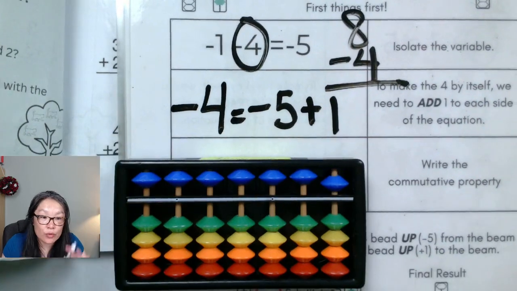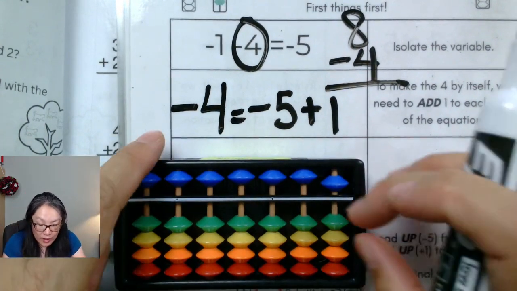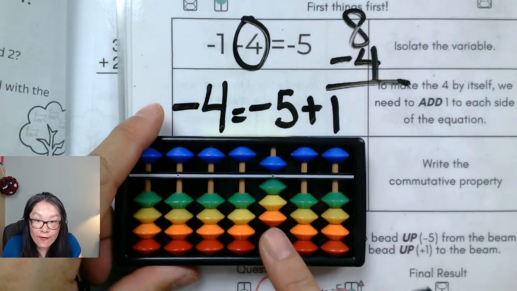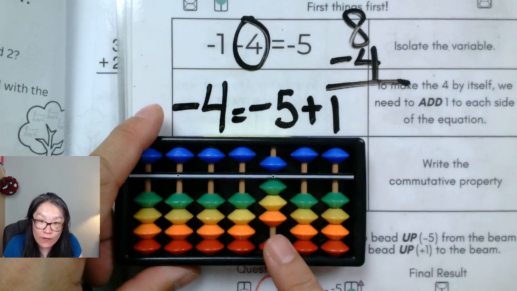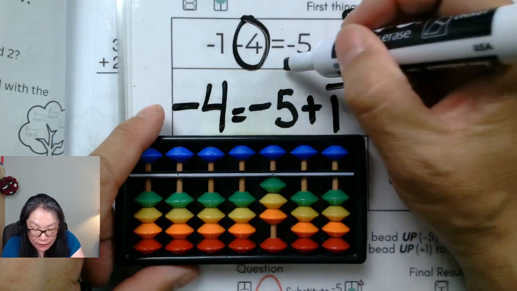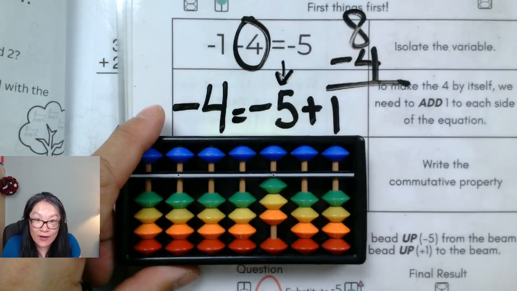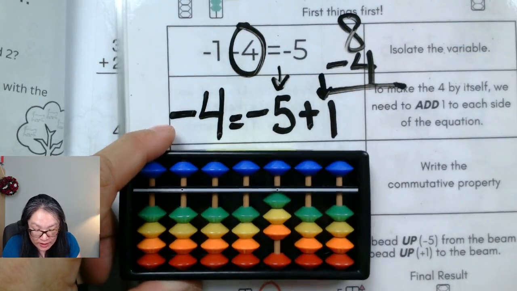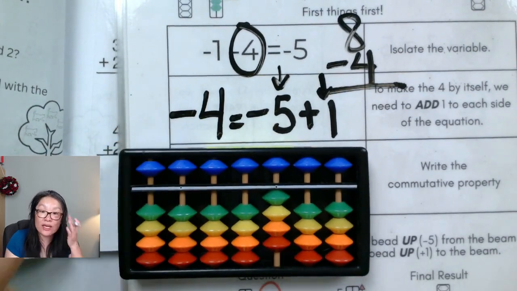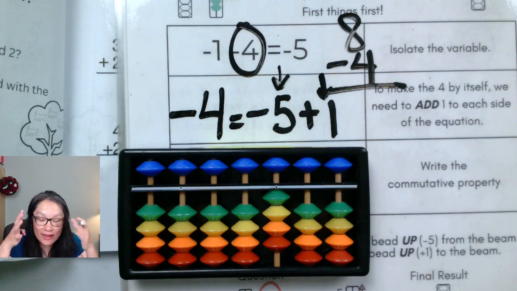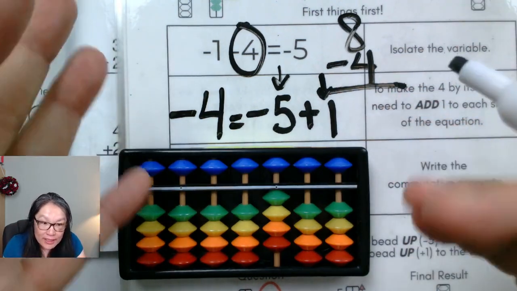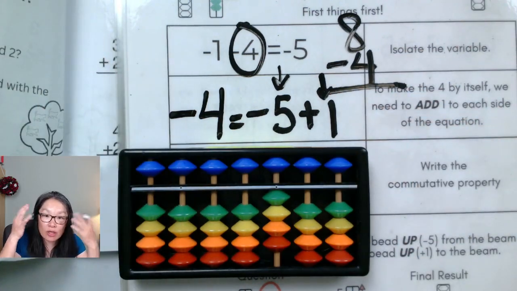So if you look, we're now doing the opposite. If I have 8 and I want to take away the 4, I'm going to minus the 5, which is what we did, and then we're going to plus the 1. We add the 1. So what did I just do? I just showed you this formula, told you directions, like a map.